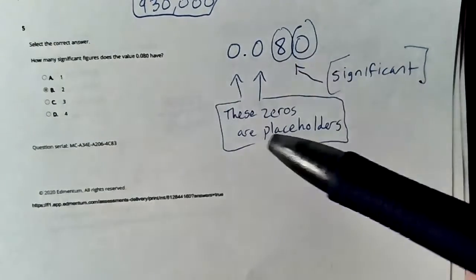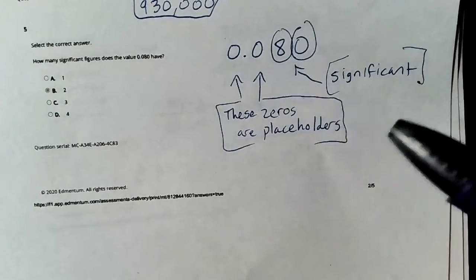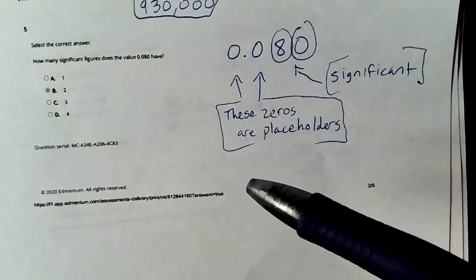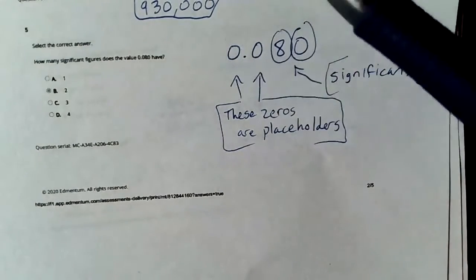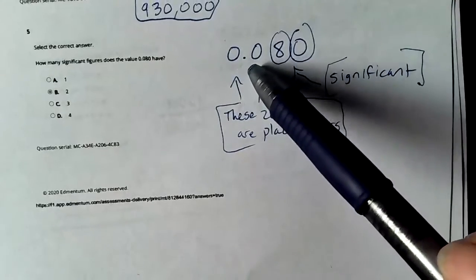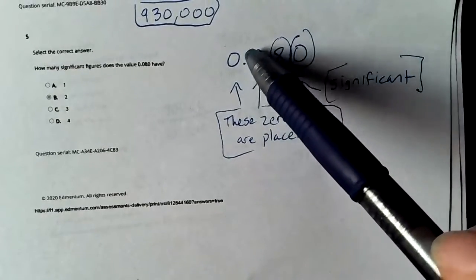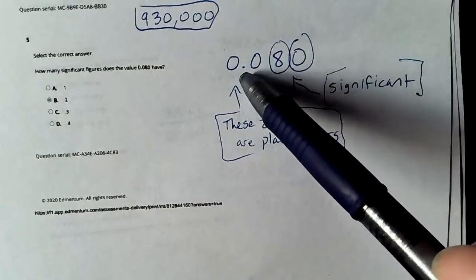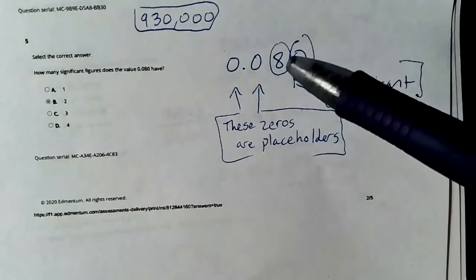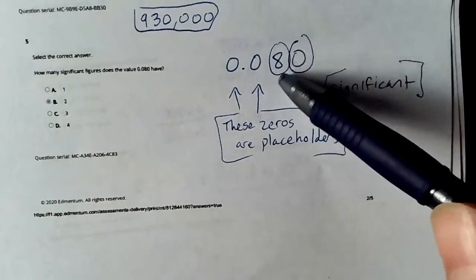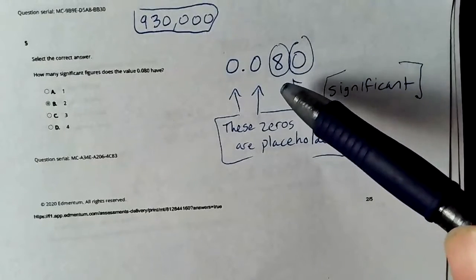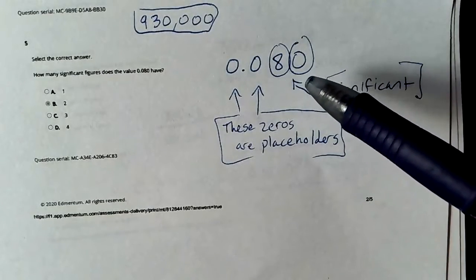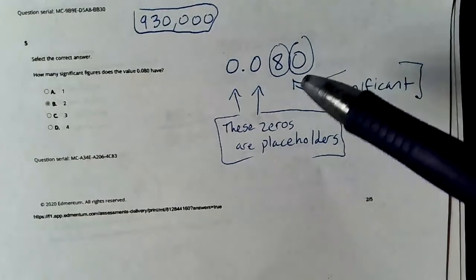So in certain situations, zeros may count as significant figures or not. If it's after the decimal point, any 0 between the decimal point and the first nonzero number is not significant, but any value other than 0 is significant, and a 0 afterwards is also significant.